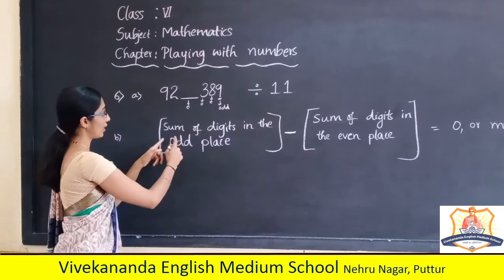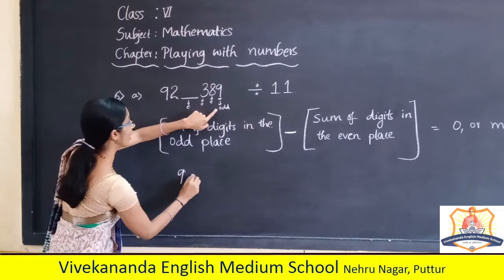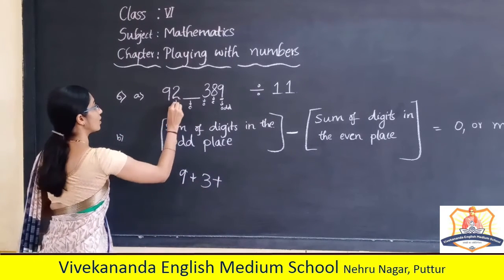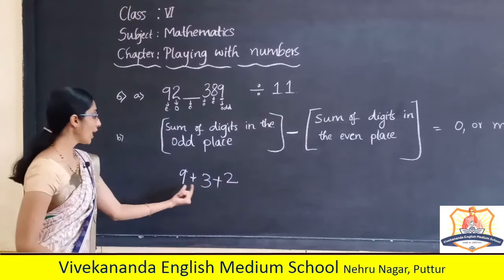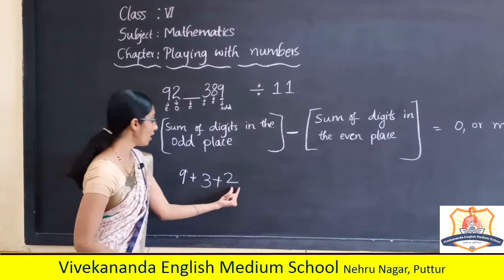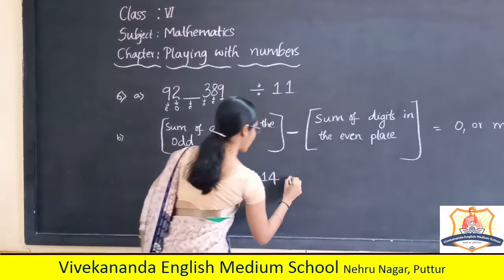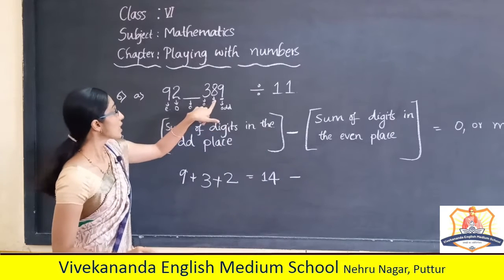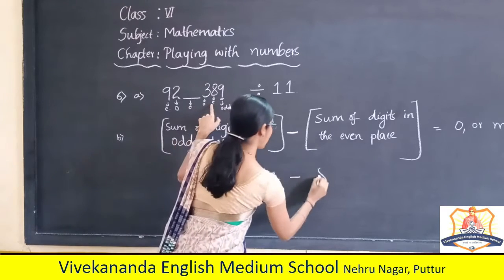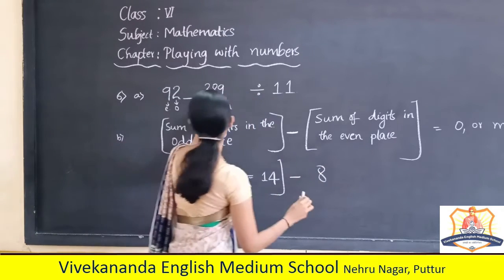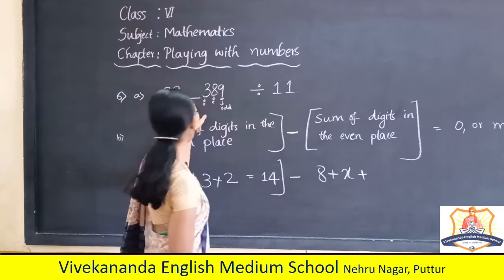So this is the rule in order to check the divisibility by 11 of any given number. So let me write the sum of digits in the odd place: 9 plus 3 plus, this is again odd, this is even, right? 2. So 9 plus 3 is 12, plus 2, 14 it is, okay? 14 minus the sum of digits in the even place. So even place, let me write 8 plus x, we don't know this number, this is blank, right?